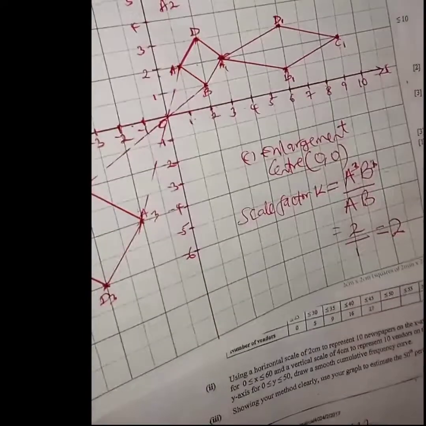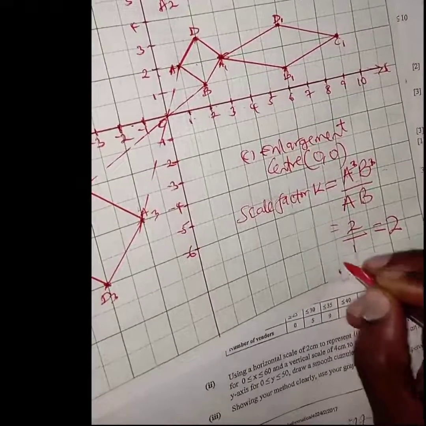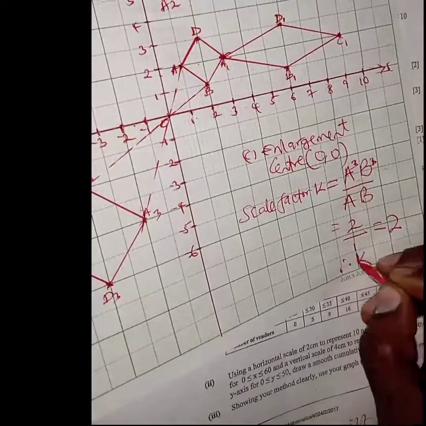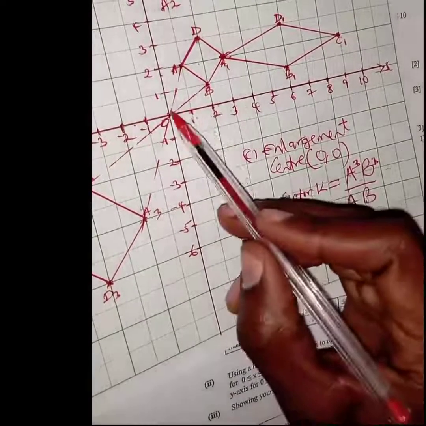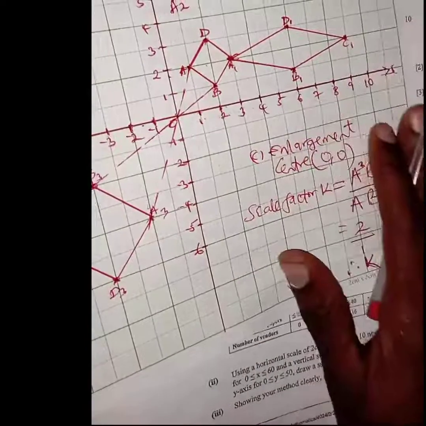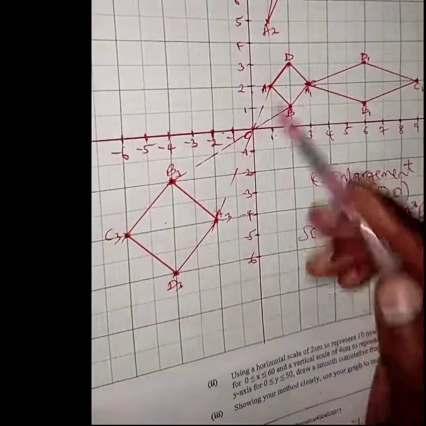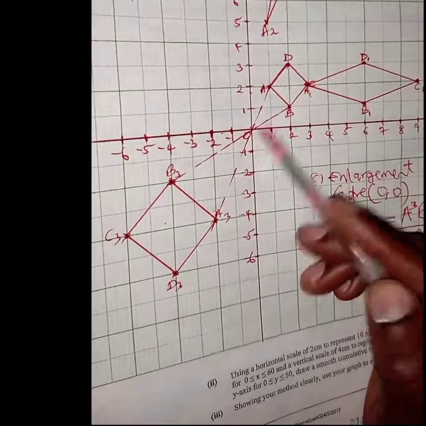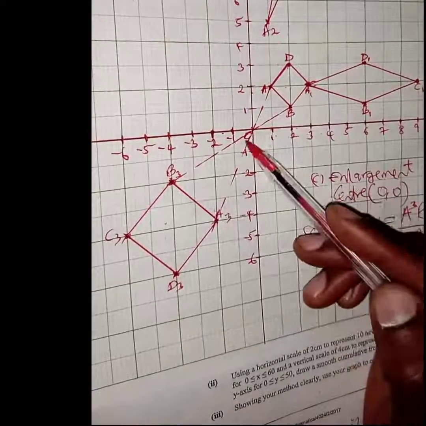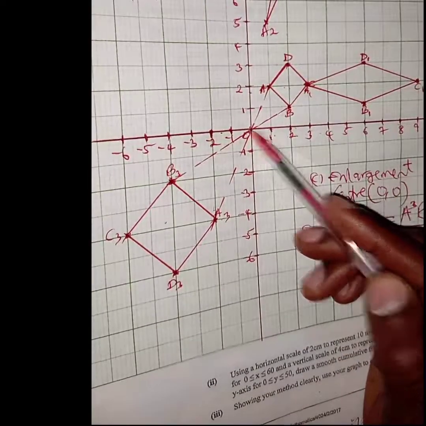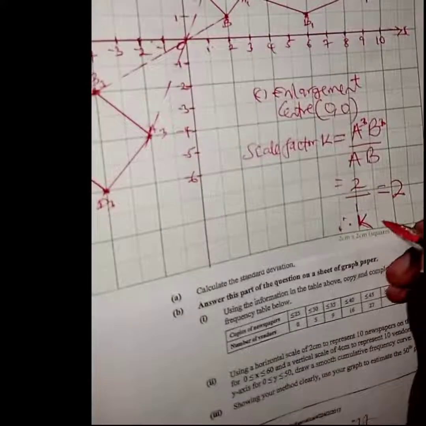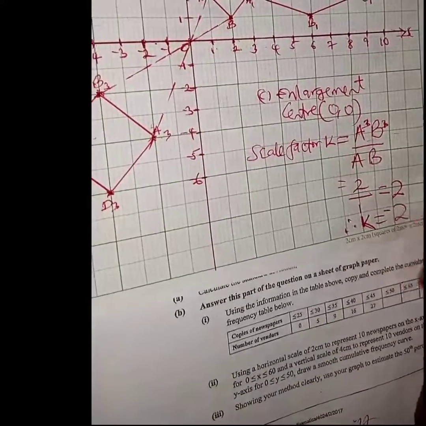So now, your final answer, therefore, K. Have you seen the center here? The object is here and the image is there, on the opposite side of the object. They are on the opposite sides from the center, right? So the scale factor must be negative. We put -2.